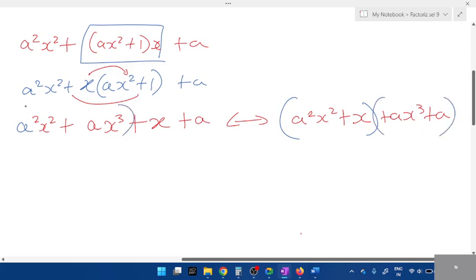Even without pairing, you can just take these two. See, I'll tell you how to solve. If you take these two, what is common? a is common. What's the least degree a has? 1, right? Next, x square or x cube, which is the smallest value? Take it in the bracket. Divide this, what do you get?